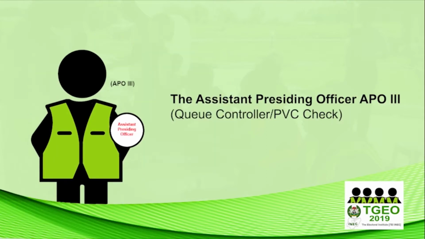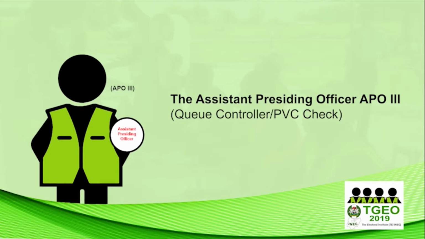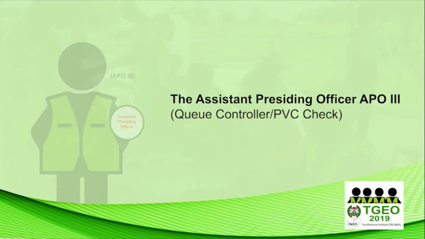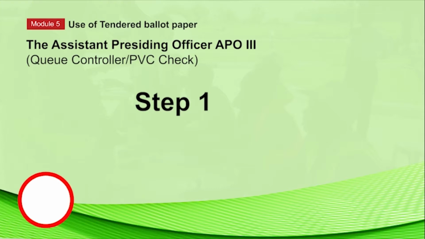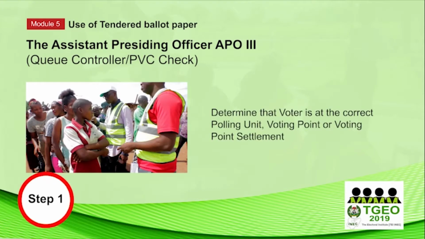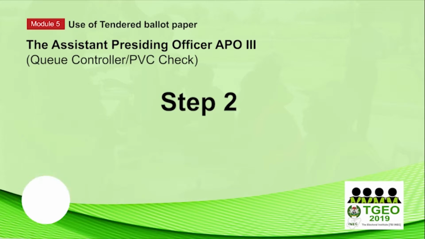Intending voter shall present him or herself to Assistant Presiding Officer APO3, queue controller and PVC check, who shall: Step 1. Determine that voter is at the correct polling unit, voting point or voting point settlement. Step 2.